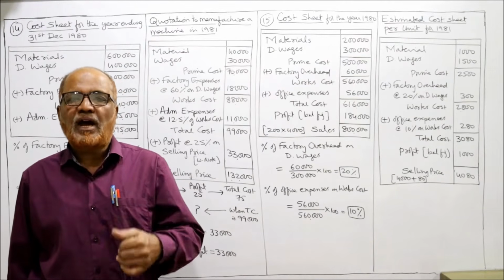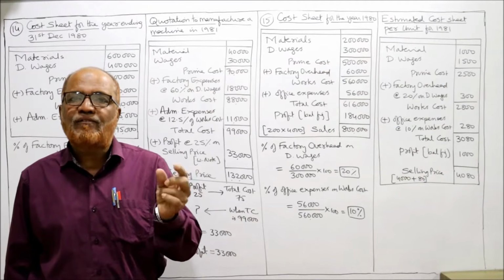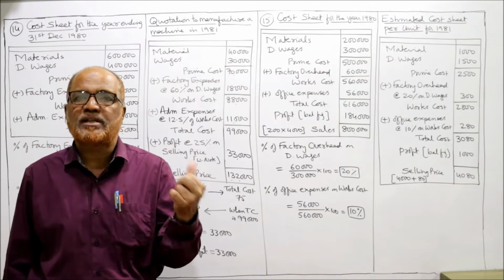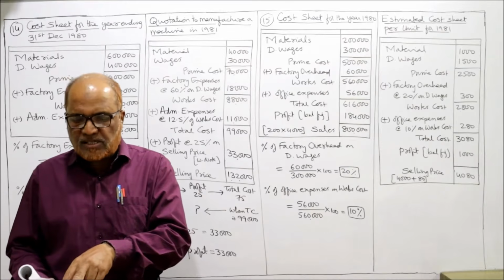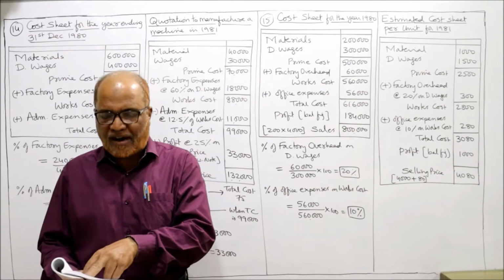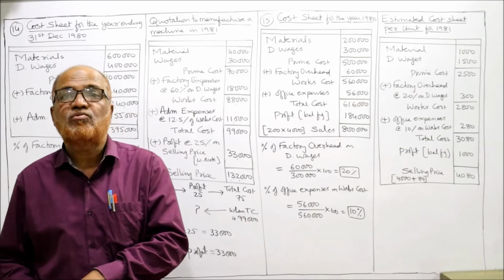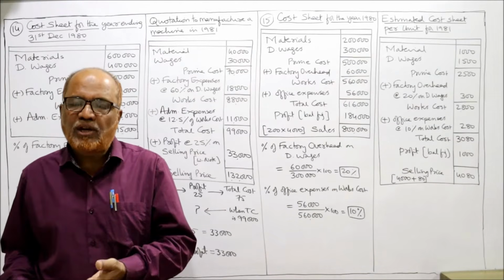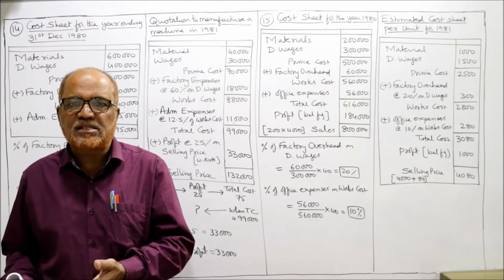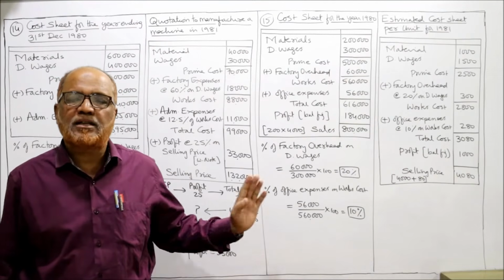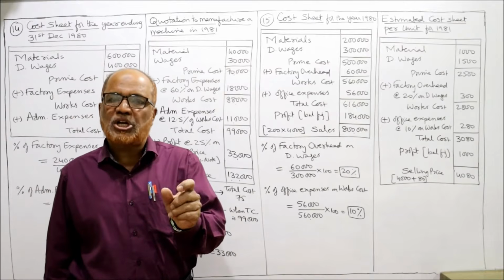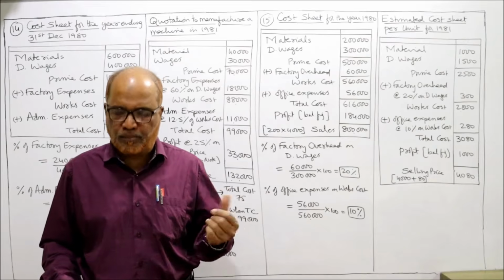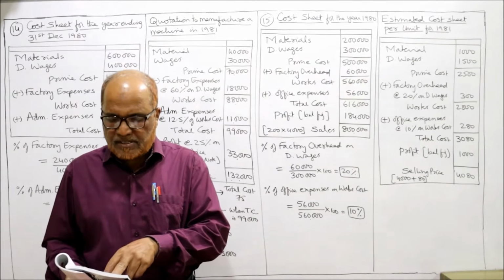That means we have to prepare the cost sheet of the previous year, find out the percentage of factory overhead on direct wages, and next the percentage of office overhead expense on factory cost. Factory cost means works cost, be the same as in the previous year. Even if it has not specified this, we will directly apply that percentage only.